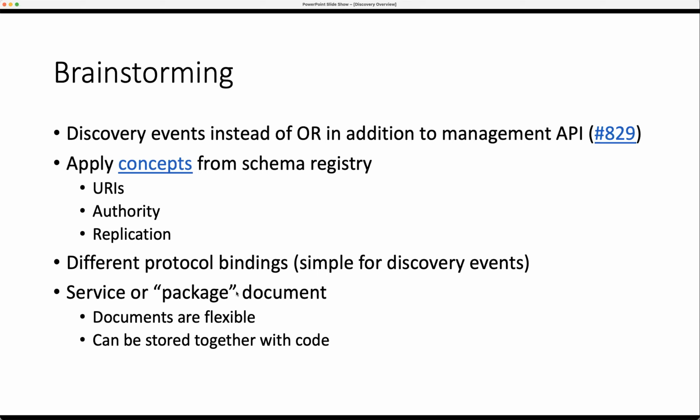Documents are very flexible. You can use them in different environments. You can store them in a version-controlled source code repository and all those things. So that's why I think a document format for discovery data might also be something to look into in the future.